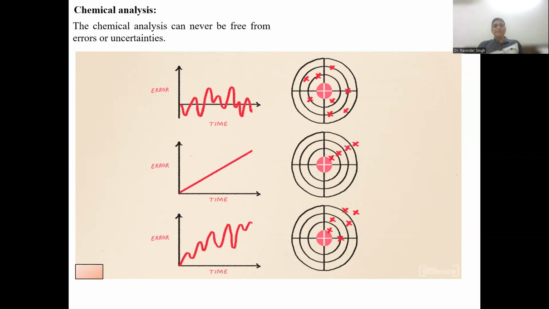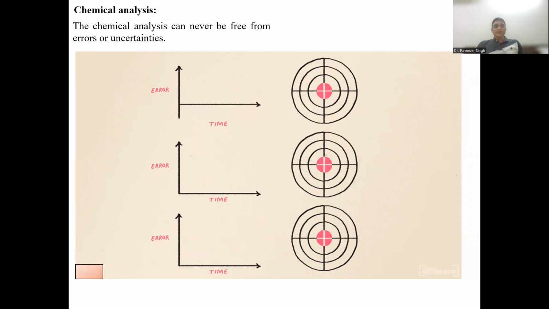When we do an experiment, that experiment takes some time, and because of that we have plotted here a graph between the error and the time. It means that as time passes while an experiment is going on, there will be some chance of error or uncertainties.